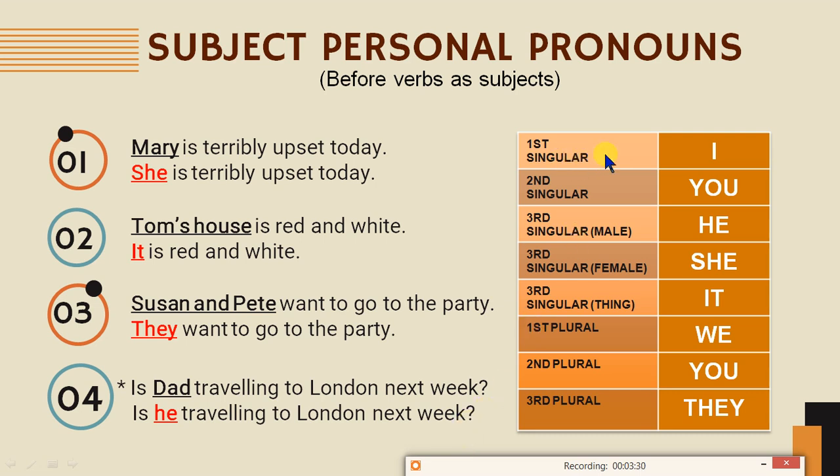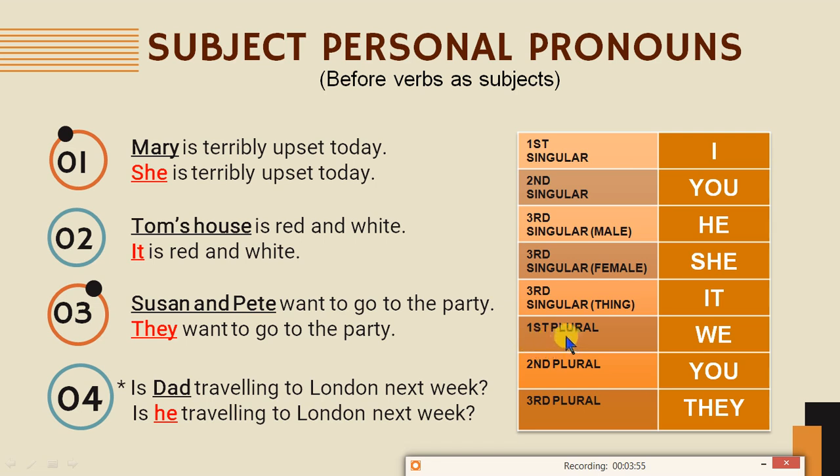We will move to the flow chart. Just see, when the first singular person is there we use I. When the second singular person is there we use you. When the third singular male person is there we use he. For the third singular female we use she. For the third singular thing, it means non-living things, we use it.